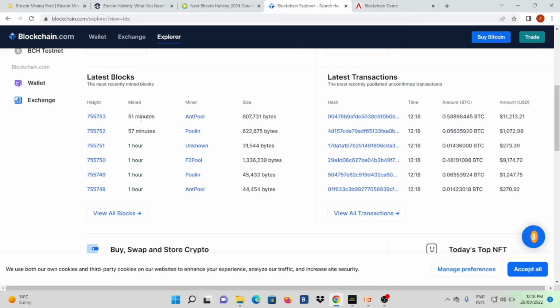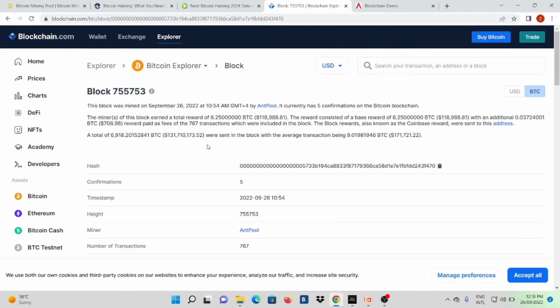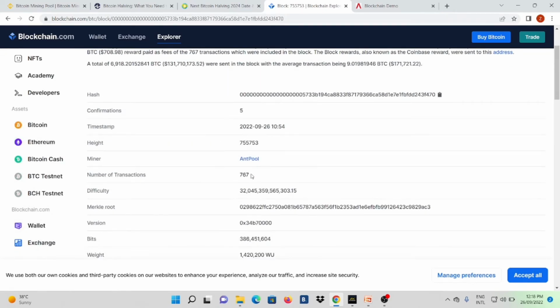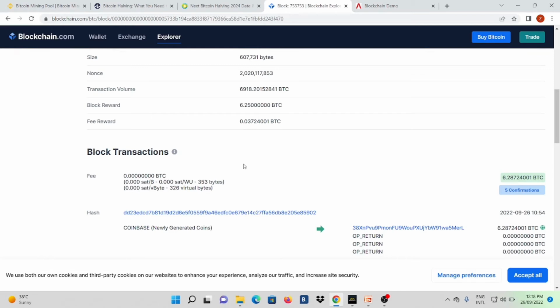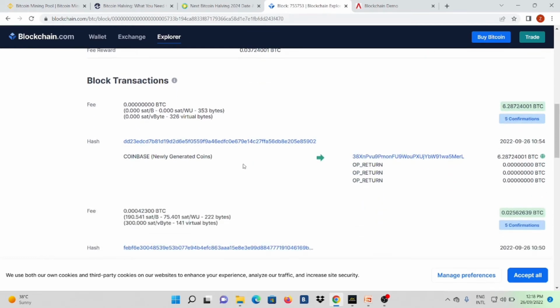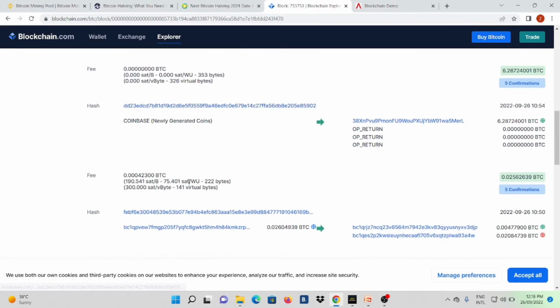In Antpool, if you click on this height, you can see that there are 767 transactions in this block. If I scroll down, you will start to see these transactions one by one. This is one transaction, this is the second transaction.